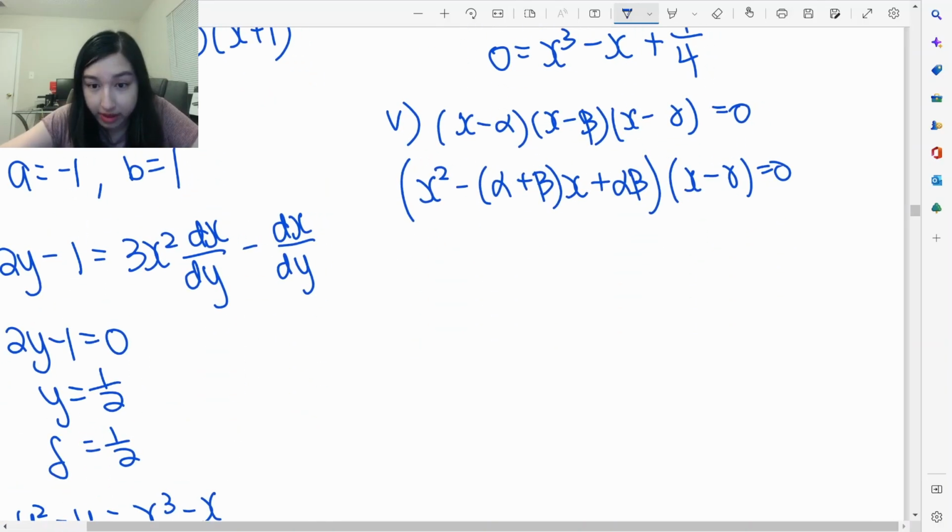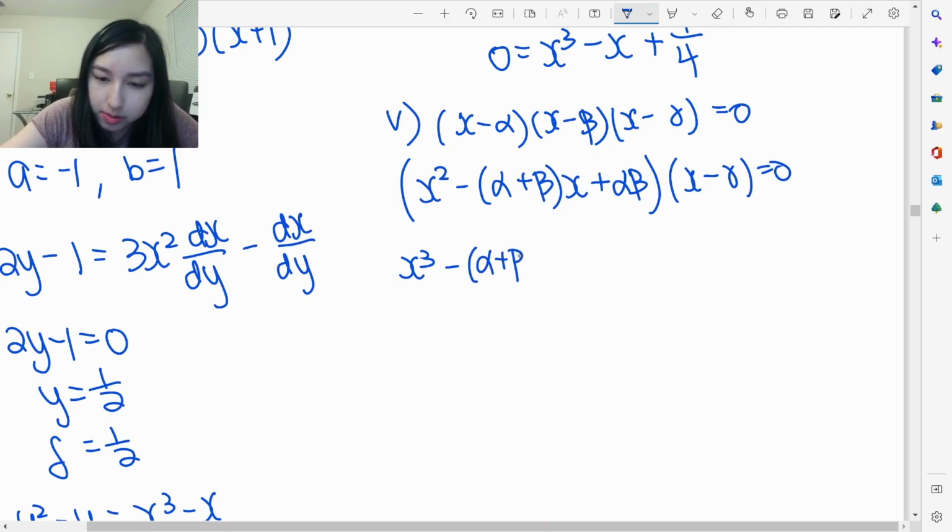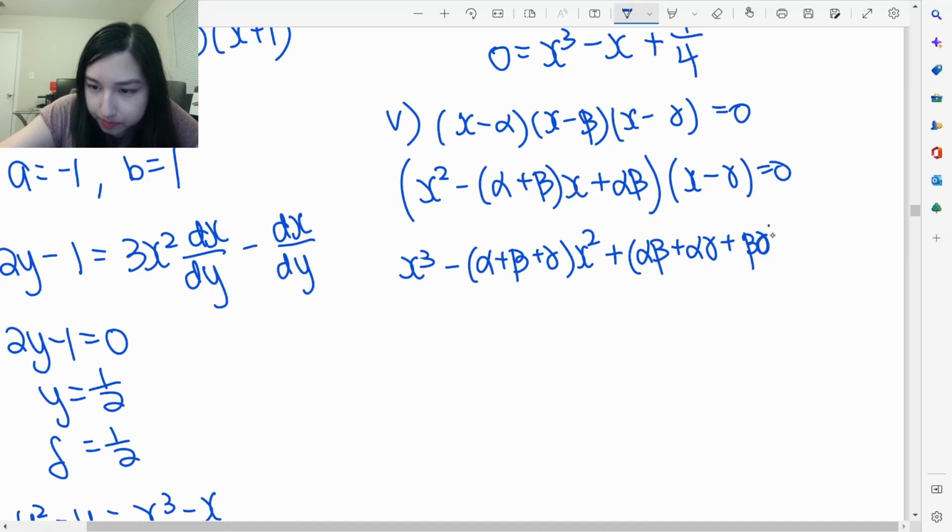And if we follow that, we'll have x cubed minus (alpha plus beta plus gamma) x squared plus (alpha beta plus alpha gamma plus beta gamma) x minus alpha beta gamma equals 0.